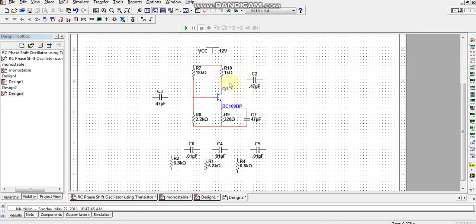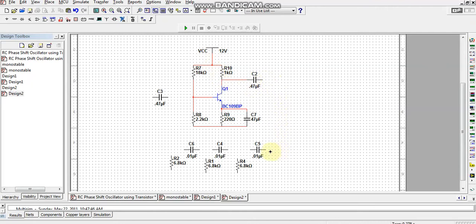And we are taking output from this point. And there is some connection. And we can connect this here.